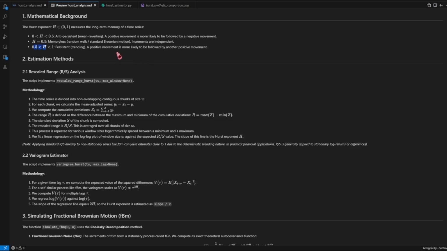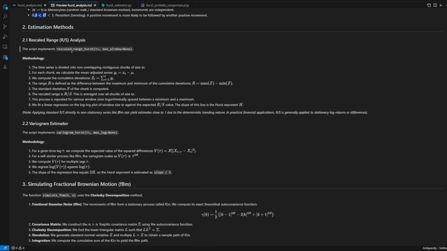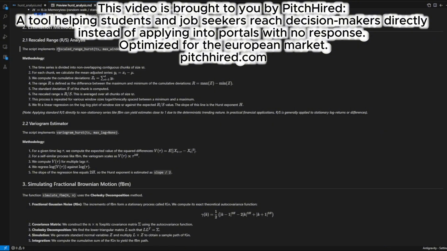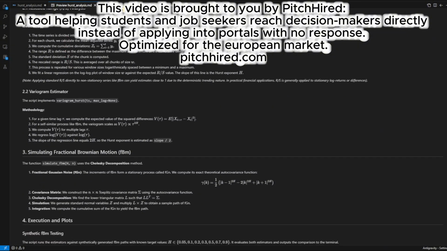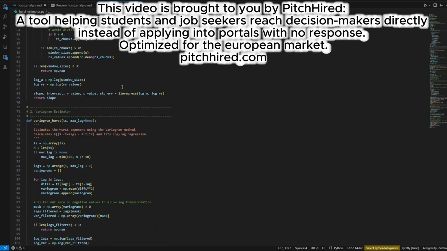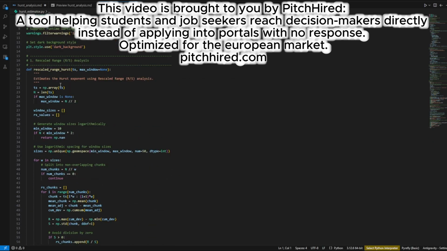For the estimation methods, the first thing we did is the rescaled range, or RS, analysis. It's in here, I believe, yes.